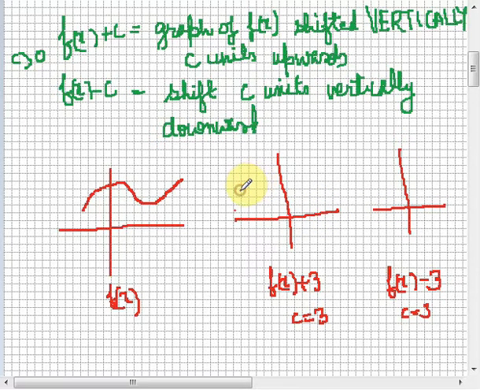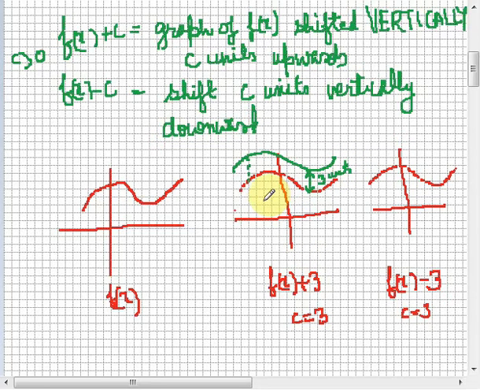I am drawing the same graph here for understanding purposes. This is the original graph. What our rule says, for f(x) plus c, the graph will be shifted upwards 3 units. So each point on the graph is shifted 1, 2, 3 units. So the graph becomes like this. This distance is 3 units. This is the graph of f(x) plus 3.